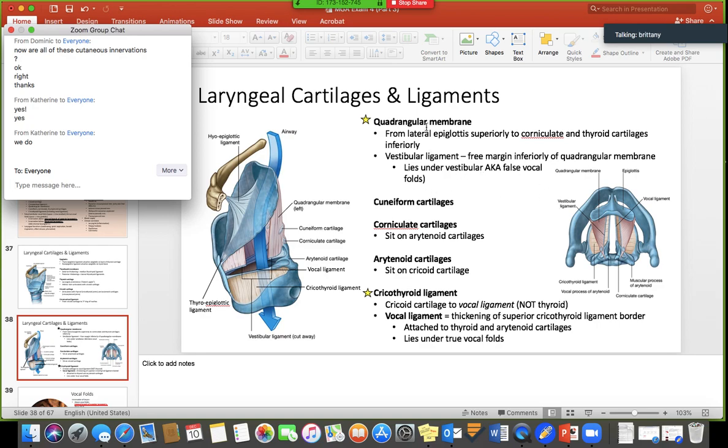Okay, so your quadrangular membrane is from the lateral epiglottis to the corniculate and thyroid cartilages, and it's forming here in the middle this vestibular ligament on either side. So this is part of what's known as your false vocal folds. And then down here, the cricothyroid ligament. In the middle here is the vocal ligament, forming the true vocal folds.